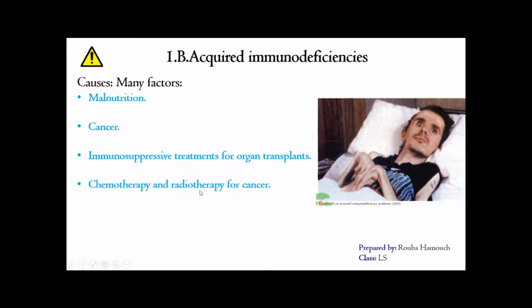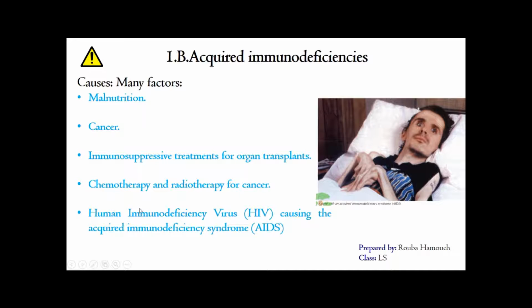The chemotherapy and the radiotherapy for cancer. As you know, chemotherapy kills all stem cells in highly active mitosis, including the stem cells of the bone marrow. Also, the radiotherapy kills both cancer and normal cells.